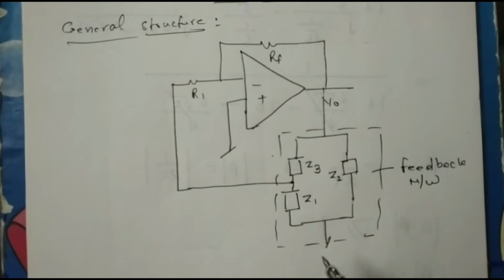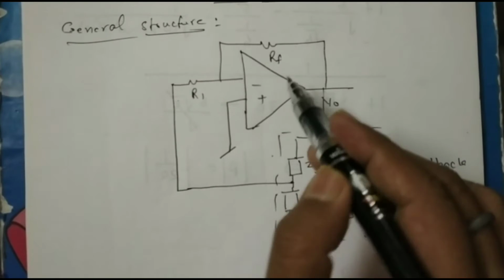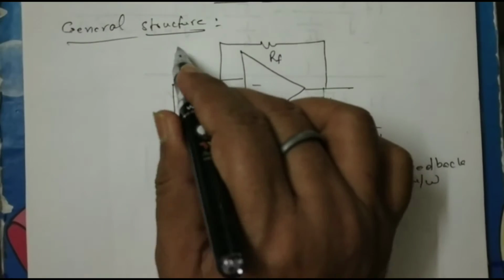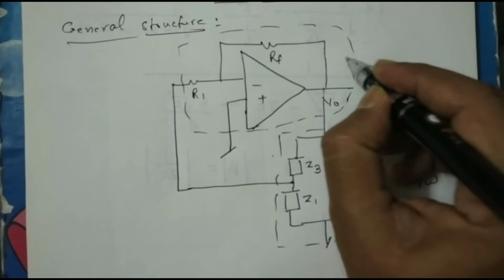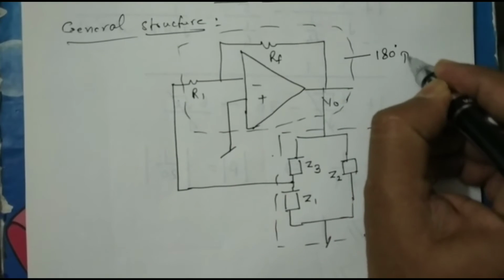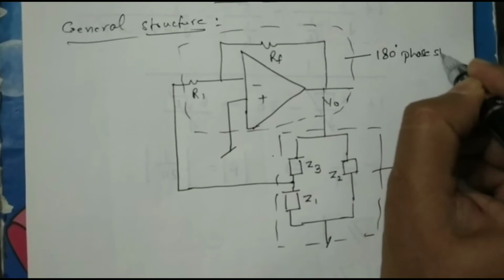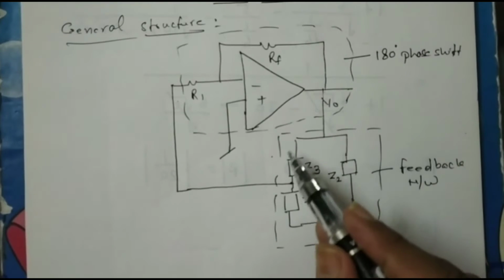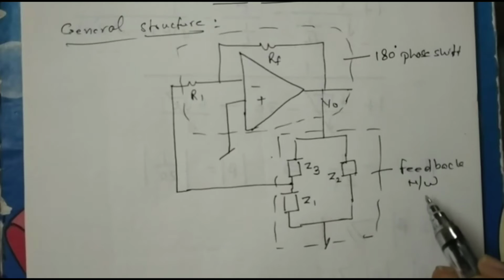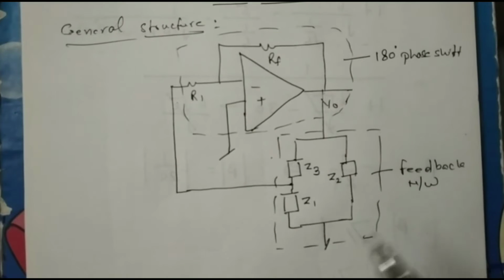The inverting type op-amp will provide a phase shift of 180 degrees, whereas the remaining 180 degree phase shift will be obtained by the feedback network.